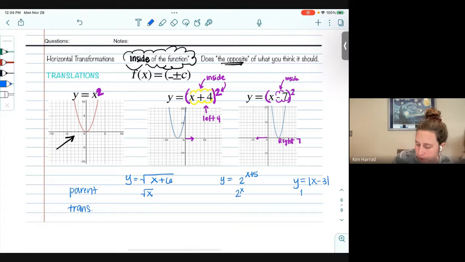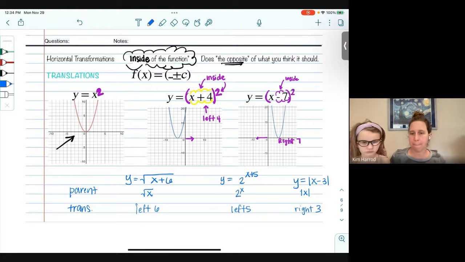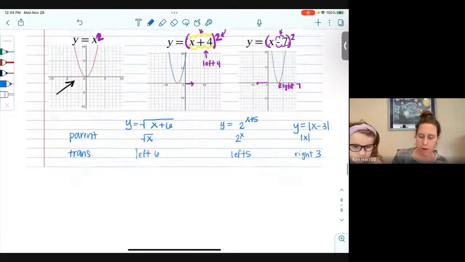My parent function on this third one is absolute value of x. So those are 3 different examples of parent functions and what it looks like to put a translation inside of it. So plus 6, if I switch my brain, that's left. Plus 5, that's left. Minus 3, that one's going to be right. So those are 3 different choices there.